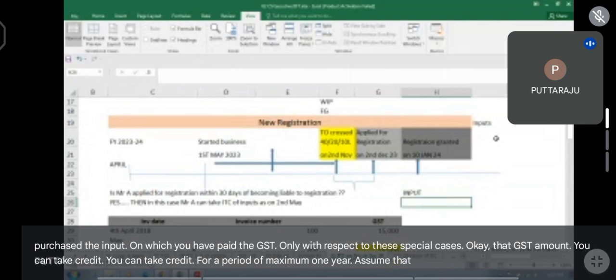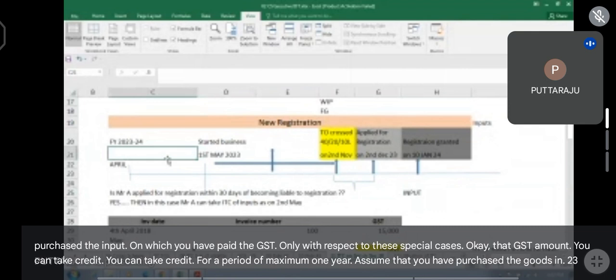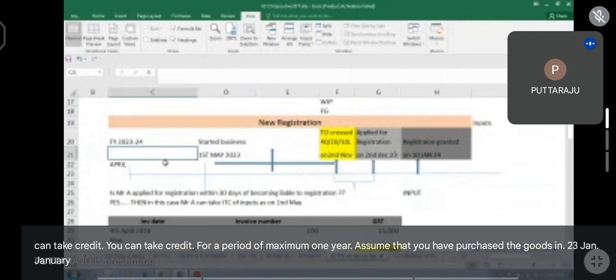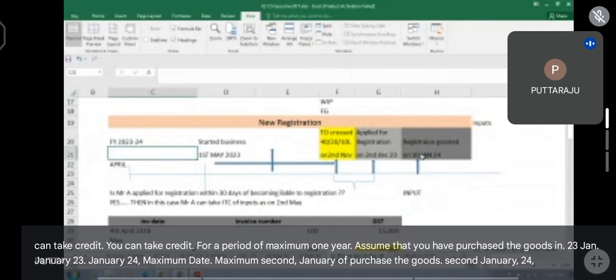Assume that you have purchased the goods in January 23. January 24, maximum date. 2nd January you have purchased the goods. 2nd January 24 you should take the credit.